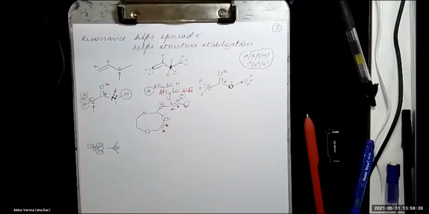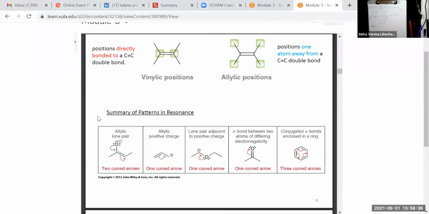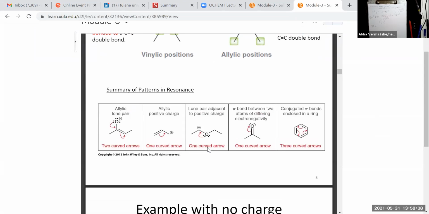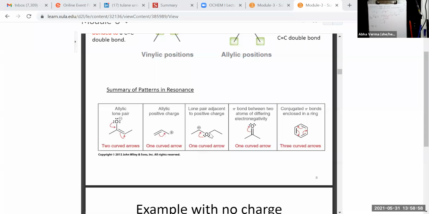Besides allylic sites, just like in our pattern here, one curved arrow pattern. So the structure is different from what I made here. If you look at my structure, it is a little different. But right here, you will be using the lone pair adjacent pattern.